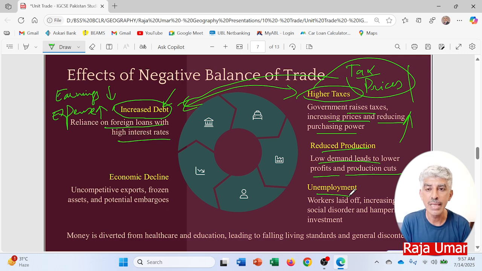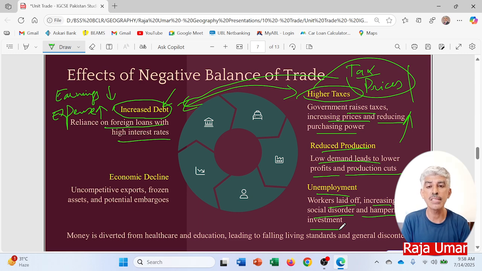And in this way the industry would also suffer, the unemployment rate would get higher, and things would worsen regarding the economy. Workers laid off, increasing social disorder and hampering investment. And you know that when the products would not be getting sold in the market, then no other one will be investing in that same industry.